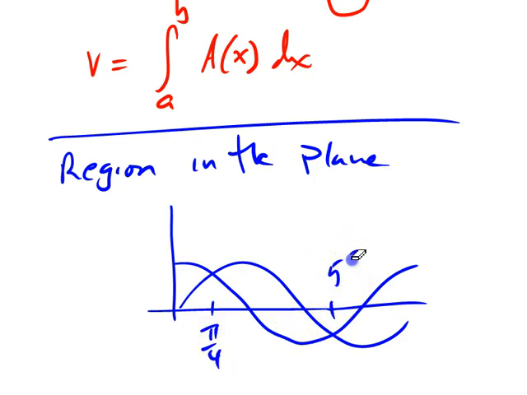Not 5 over 4, how about 5 pi over 4? So from here to there, for each value of x between pi over 4 and 5 pi over 4, I've got a little line segment there, and I'm going to extrude that line segment straight out at you.